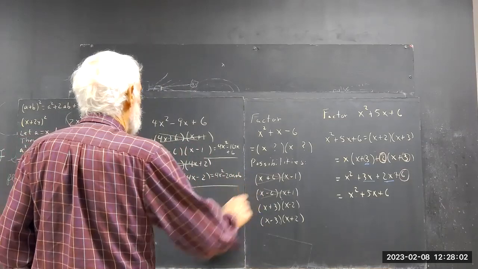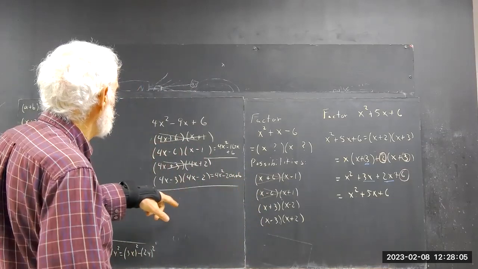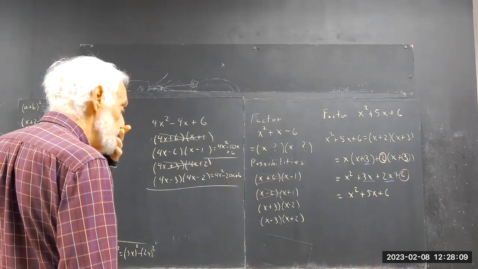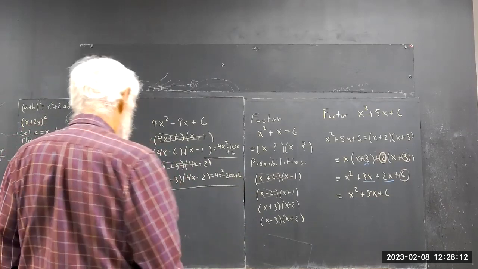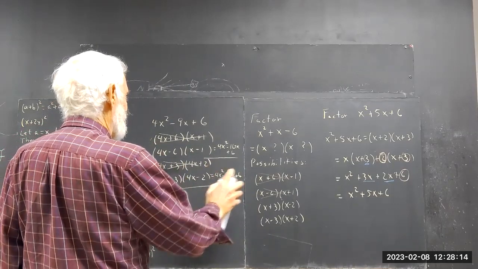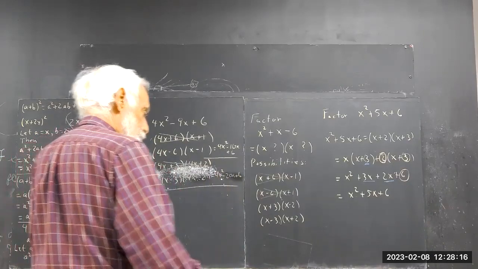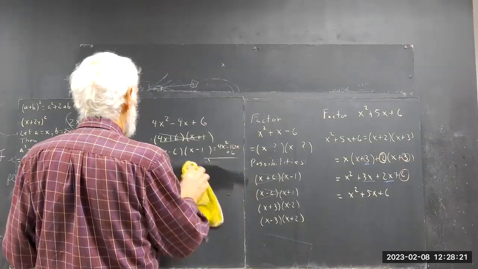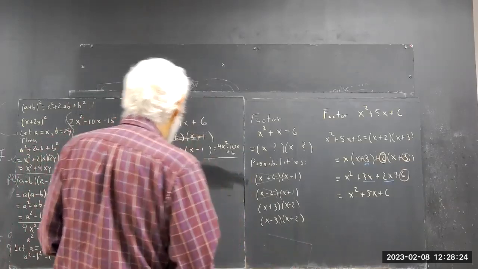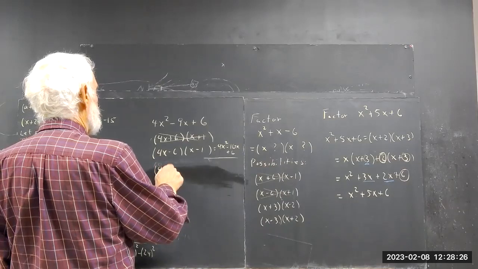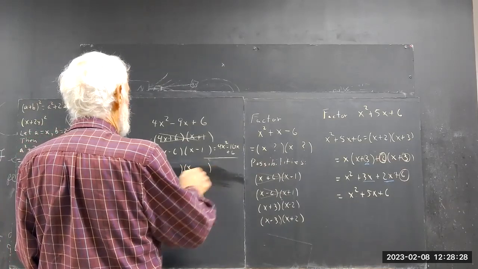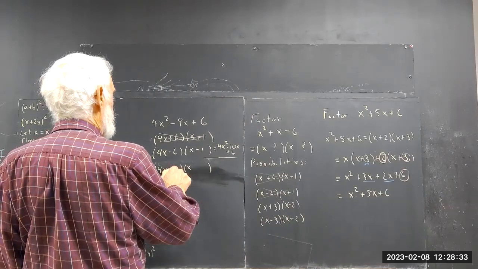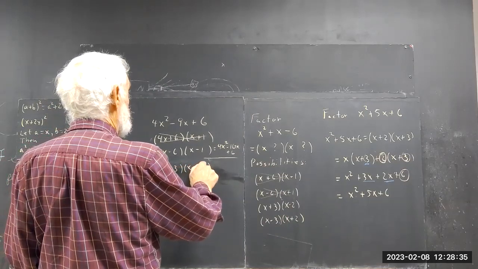Well, it doesn't have to be 4x. I'm not doing great here, writing things down without thinking. Okay. I wrote 4x in both of these. We can do 4x + 3 and x + 2.